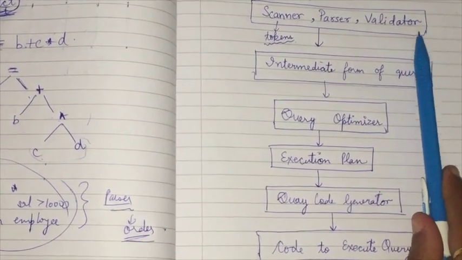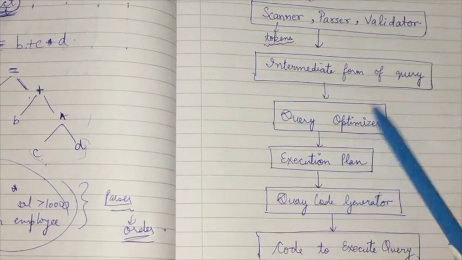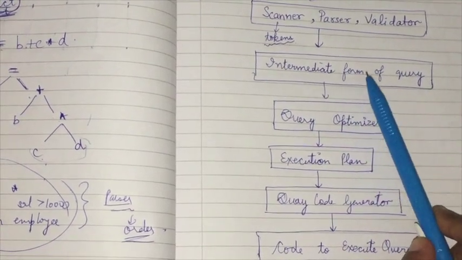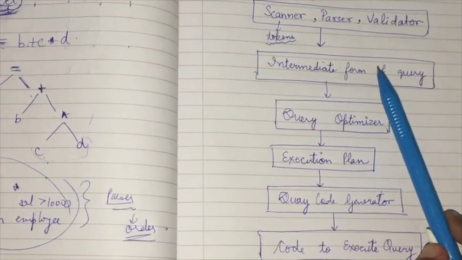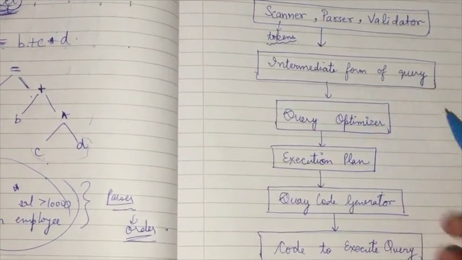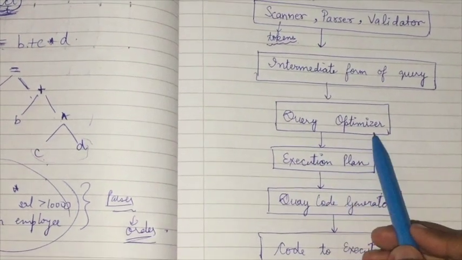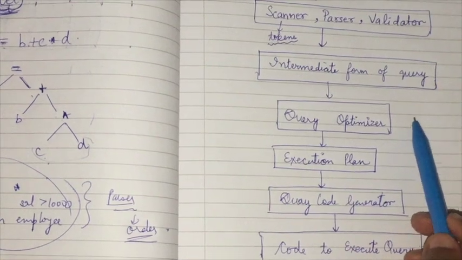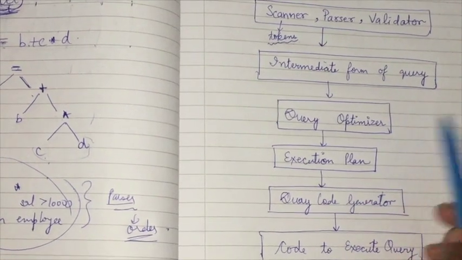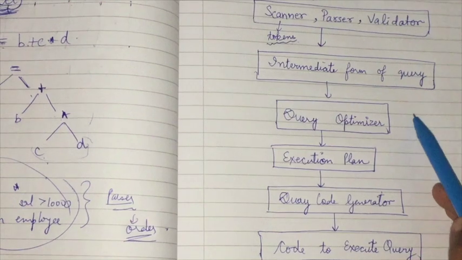The query is then converted into an intermediate form. This form is neither read by the machine nor by human beings. Then the query optimizer decides the order of all the clauses.